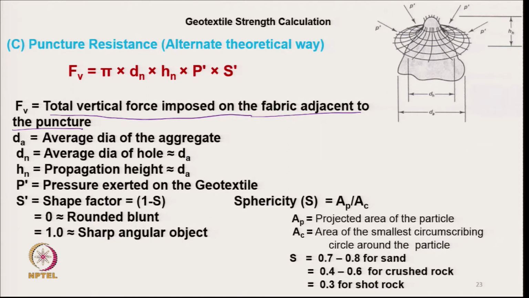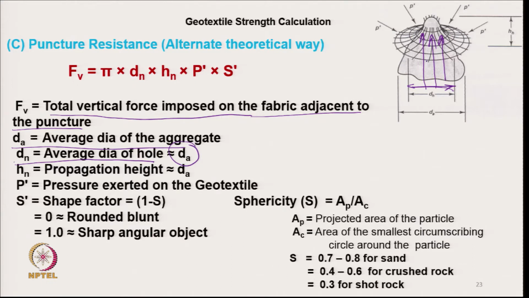So, in actual field condition, the total vertical force is imposed on the geotextile. dA is the average diameter of the aggregate, and dn is the average diameter of the hole, which is approximately equal to dA.